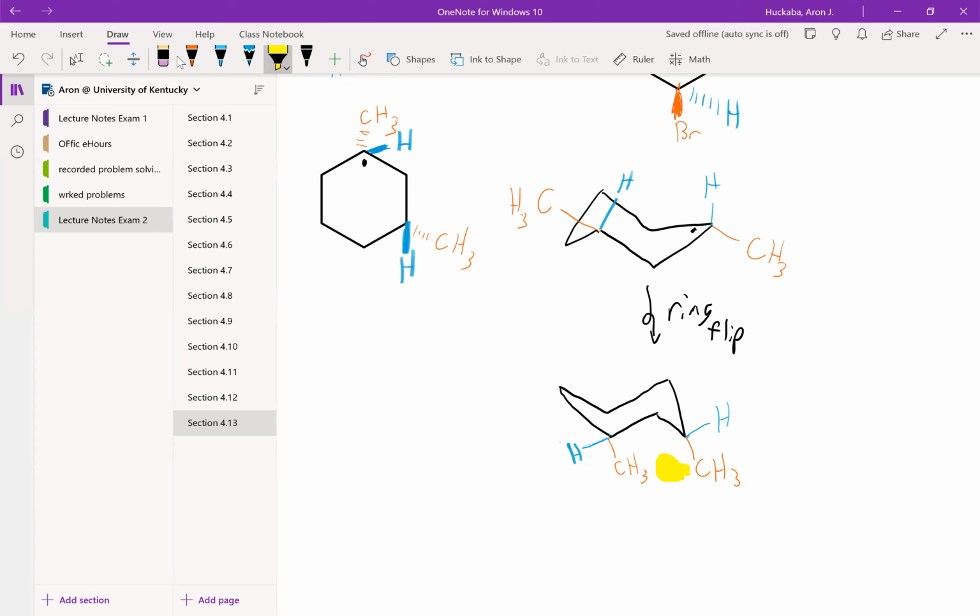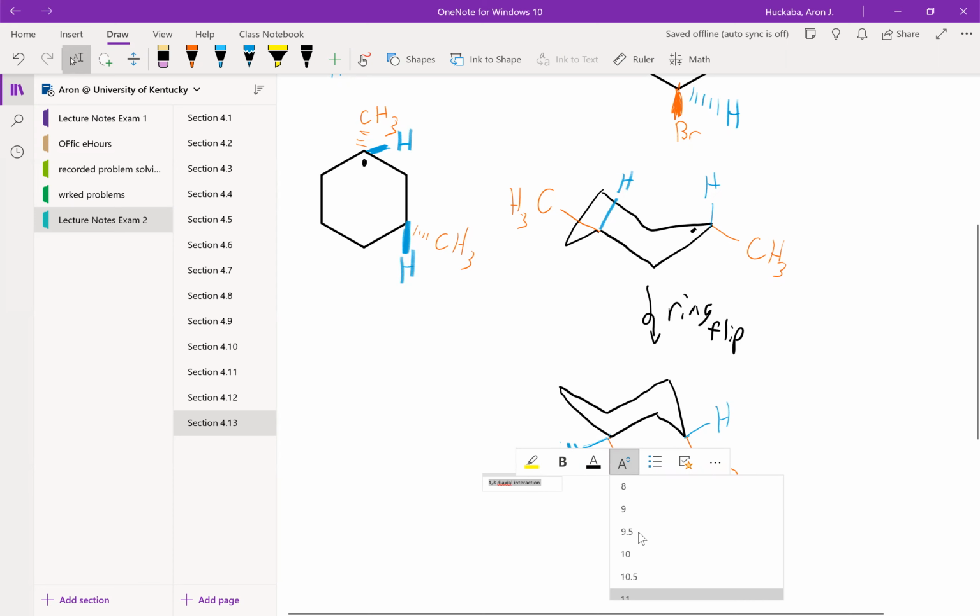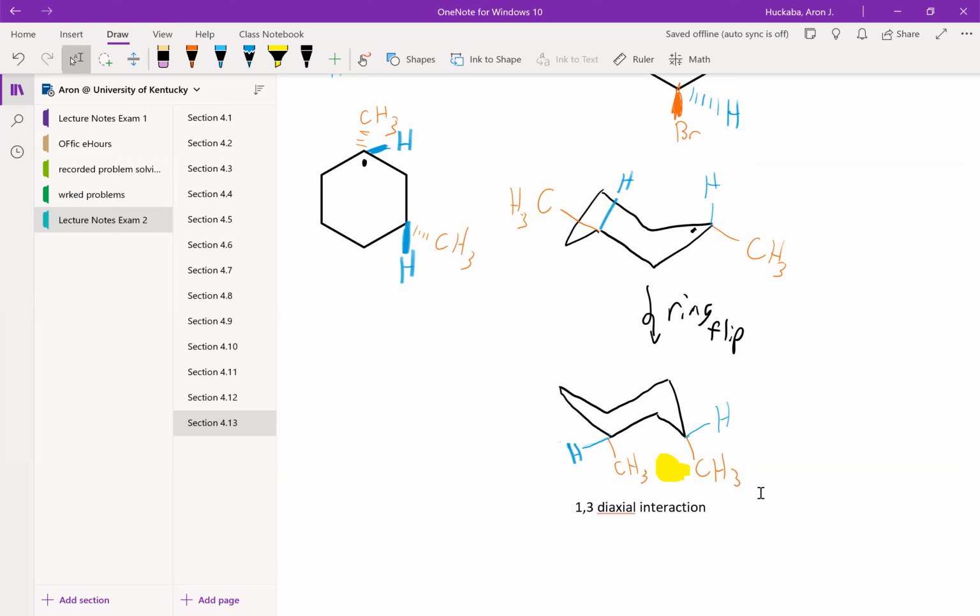They're called the 1,3 diaxial interactions. I'll just write it here so that we remember. 1,3 diaxial interaction there. So because of that 1,3 diaxial interaction, there will be a higher energy for that conformation.